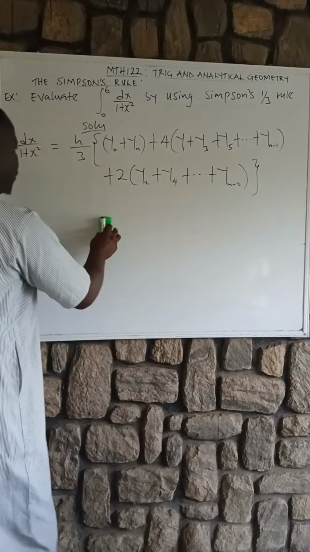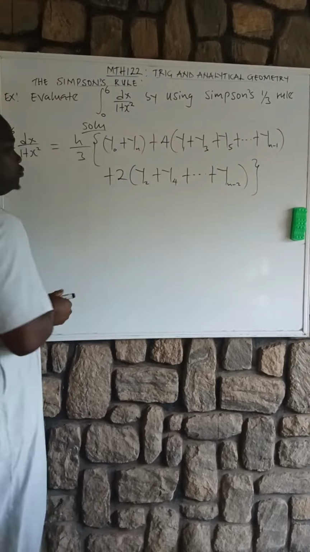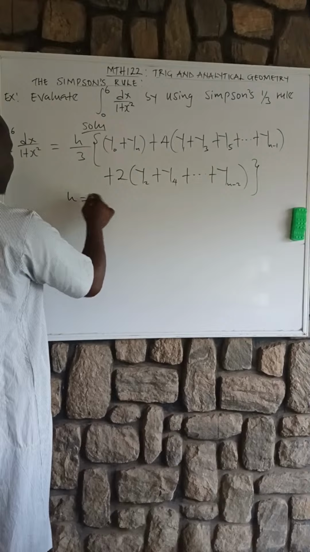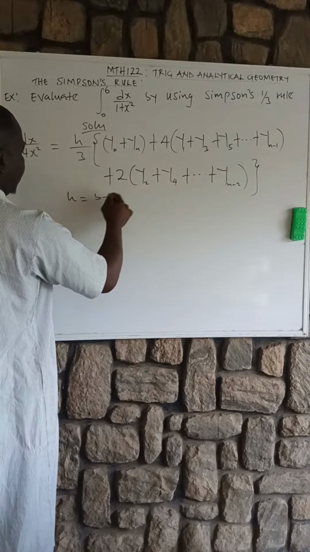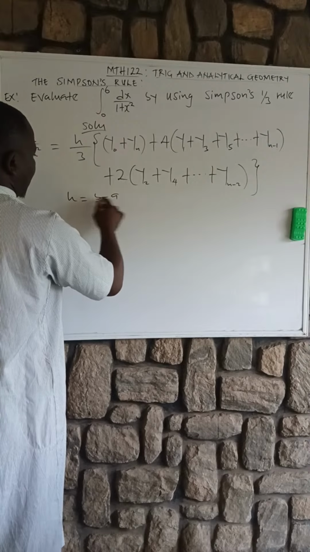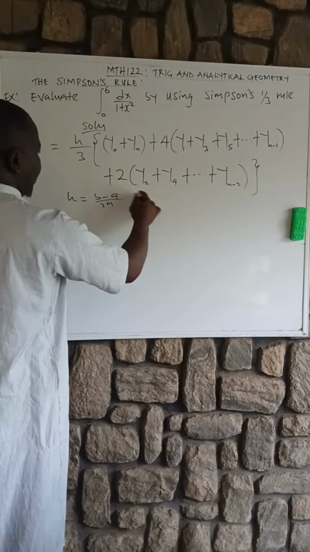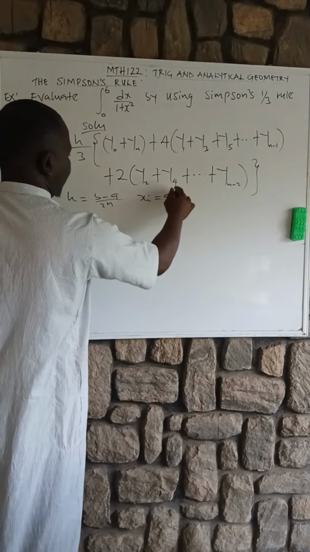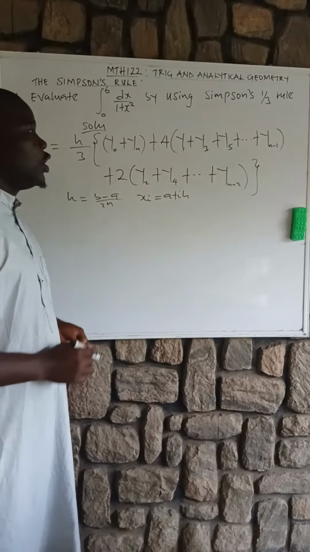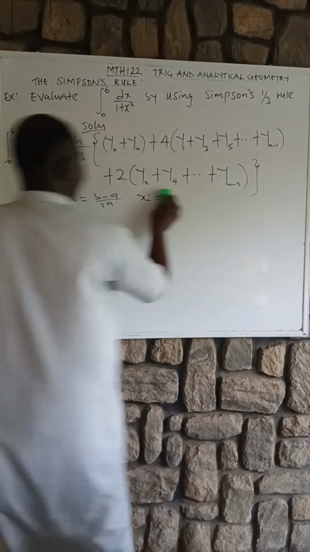Now, in the definition, we have h equals b minus a all over n, where xi is equal to a plus ih, true or false? It's true.